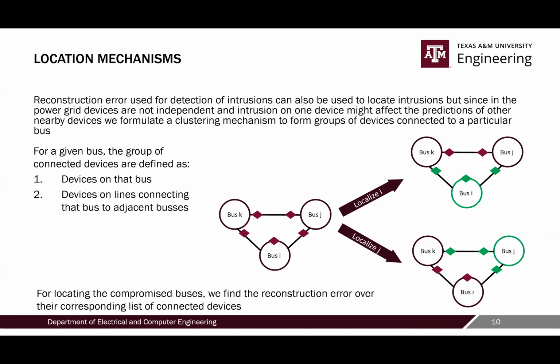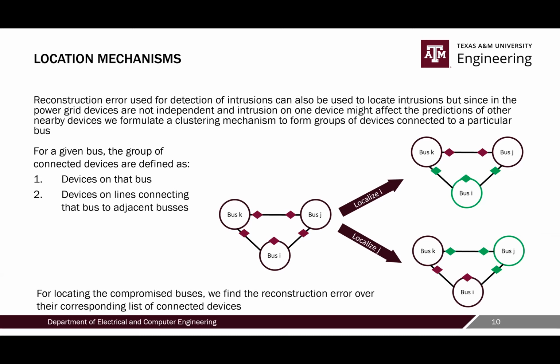In locating false data injection attacks, this goes back to the understanding about how they're constructed and how power systems work. If you have devices that are connected to other devices or connected to other buses, then this reconstruction error would show up on the nearby devices.